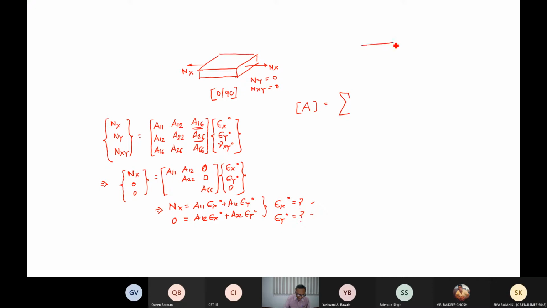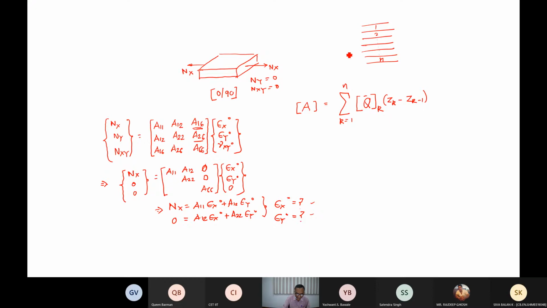What is A? Suppose you have an n layer laminate. I think you remember that definition of A. Suppose there are n layers, 1, 2, like this. Therefore, sum over all the layers, k going from 1 to n, it's actually Q bar k into zk minus zk minus 1.